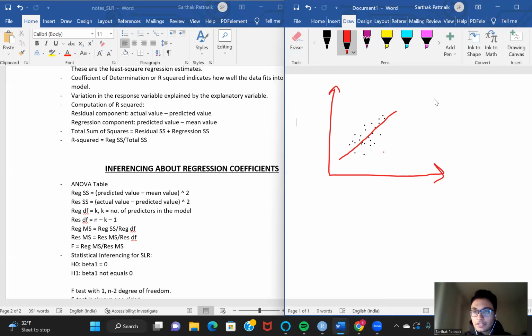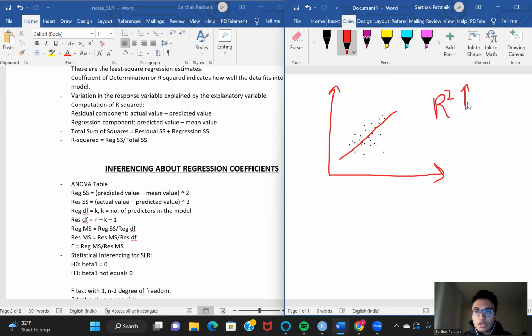If the value of R squared is on the higher side, it means that the variation in the response variable is explained extremely well by the explanatory variable, which also means that the regression line passing through the points is capturing the points in space really well. It is a good fit for the points in space. This is the basic summarization of what coefficient of determination or R square tells us.